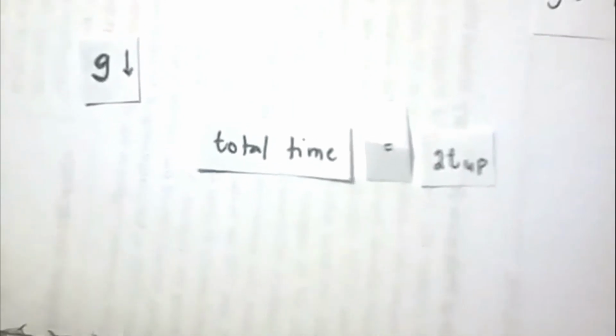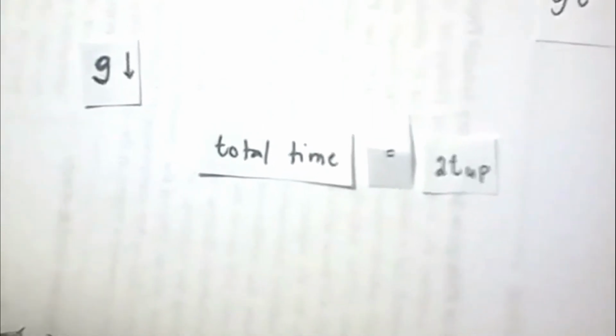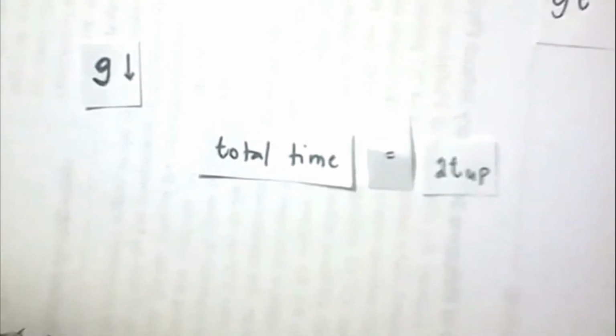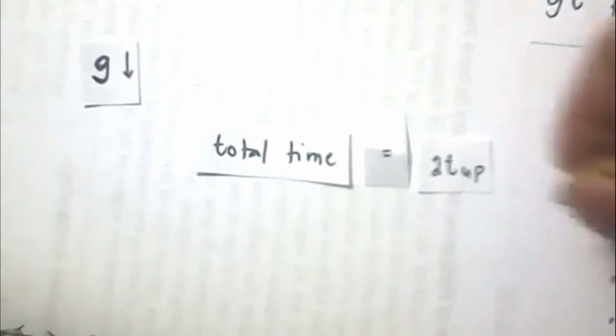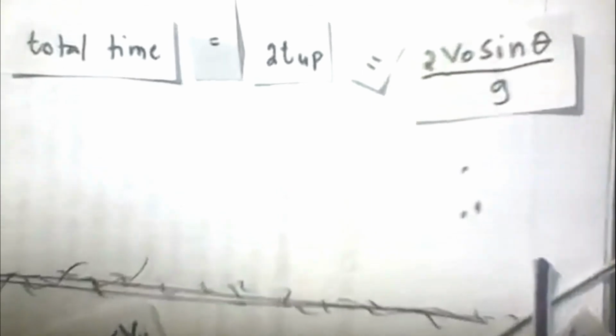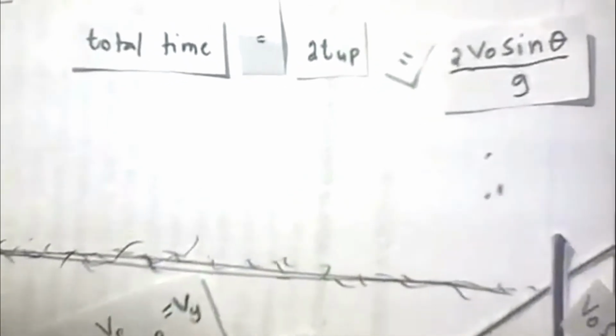And we know that the time to get up is equivalent to Vy, or V0 sine theta, all over the pull of gravity. We can manipulate the equation again to have this formula: 2 V0 sine theta all over the pull of gravity will be equal to the total time for the ball.